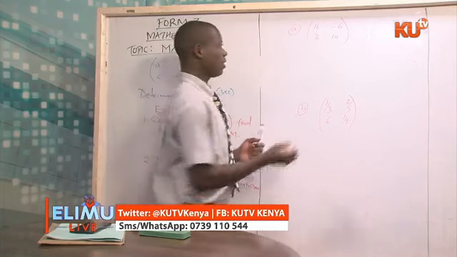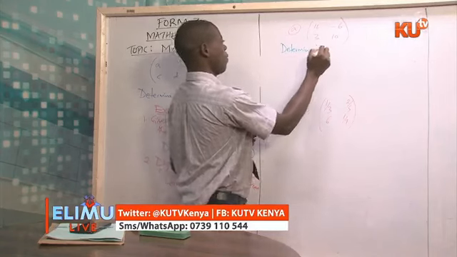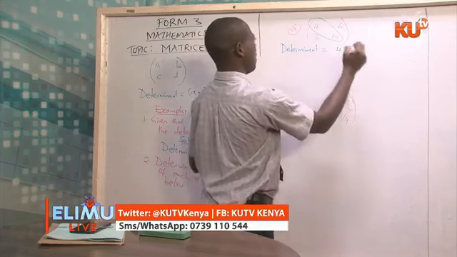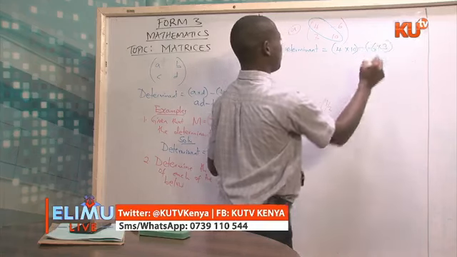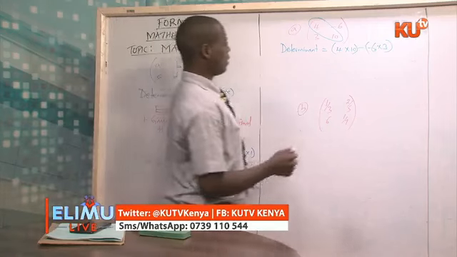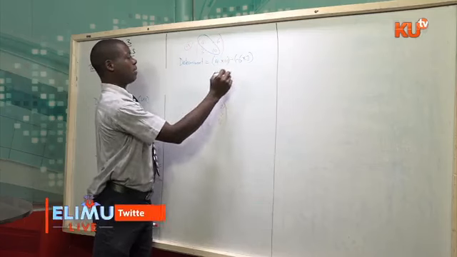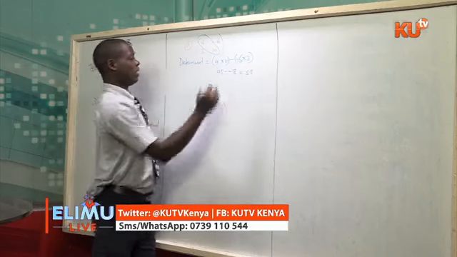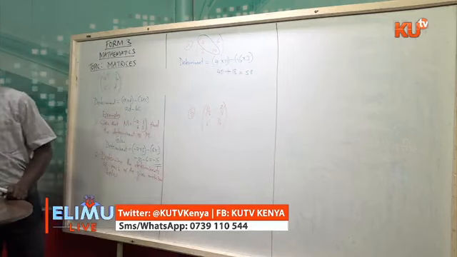Therefore, to work out the determinant, we'll take 4 times 10, the leading diagonal, minus negative 6 times 3. 4 times 10 gives us 40, minus 6 times 3 gives us minus 18. And this gives us a total of 58, because minus is plus. So the determinant is 58.